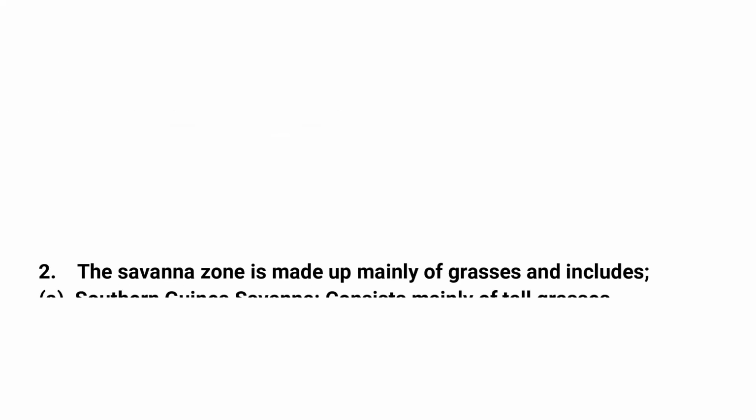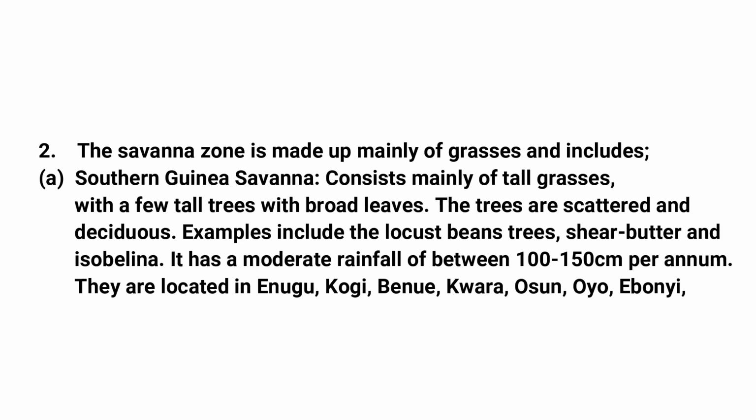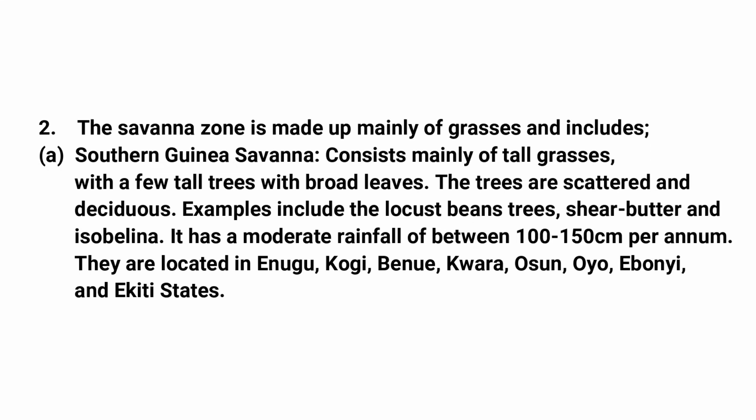The savanna zone is made up mainly of grasses and includes the Southern Guinea savanna, which consists mainly of tall grasses with a few tall trees with broad leaves. The trees are scattered and deciduous. Examples include the locust bean tree, shea butter, and iroko.